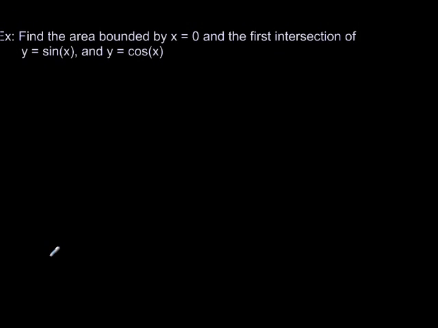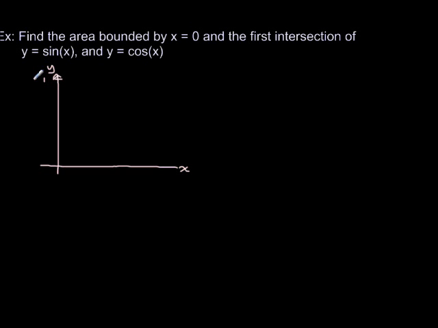Okay, so example 2, find the area bounded by x equals 0 and the first intersection of y equals sine of x and y equals cosine x. Okay, so we'll first go ahead and sketch the region. Let's see here. So we're bounded by x equals 0, so that is just the y-axis.